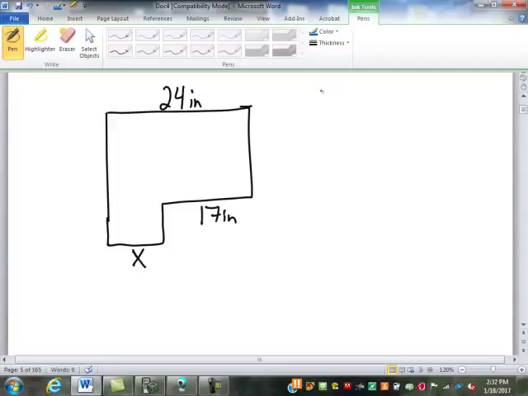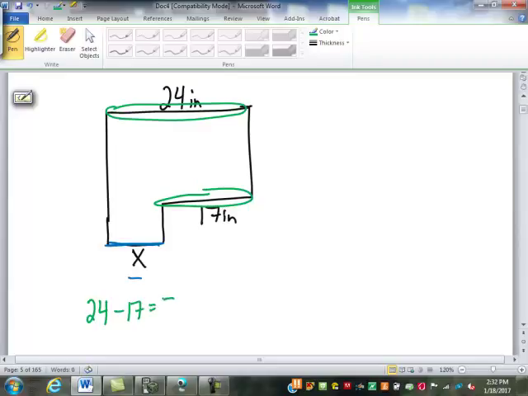How do I find the value of x there? How much is x going to be here, guys? Careful. If you had the right idea, you got 24 minus 17 is going to give us... There you go. So x is 7 inches.